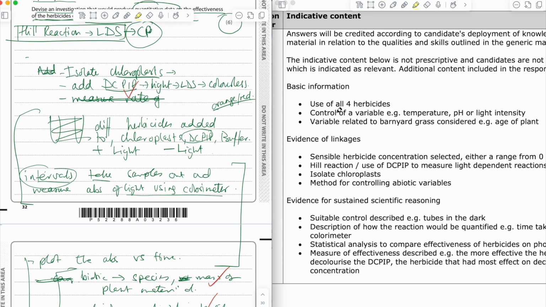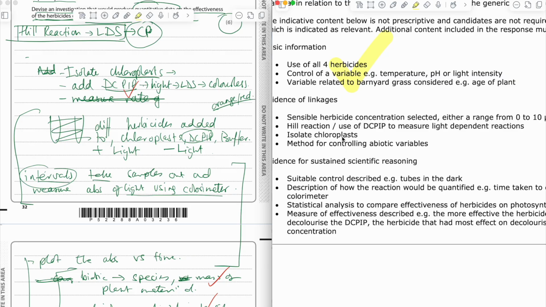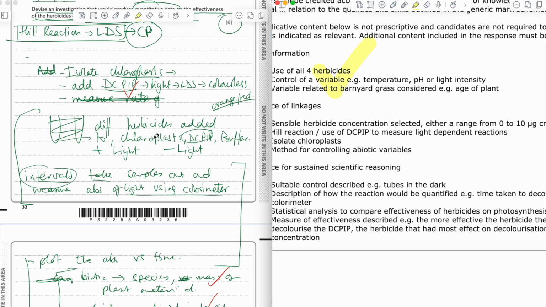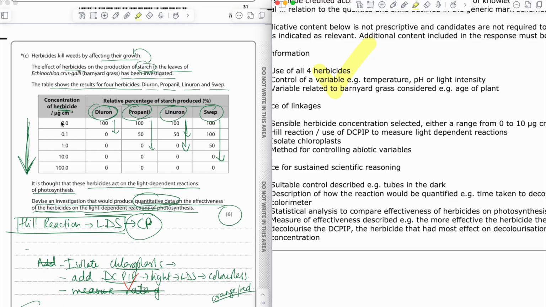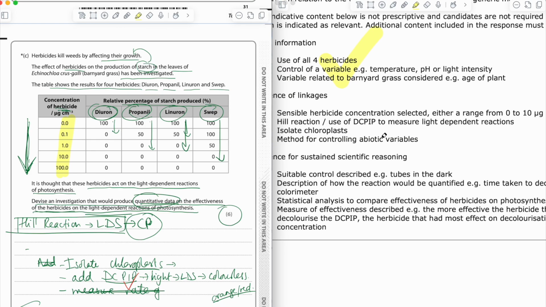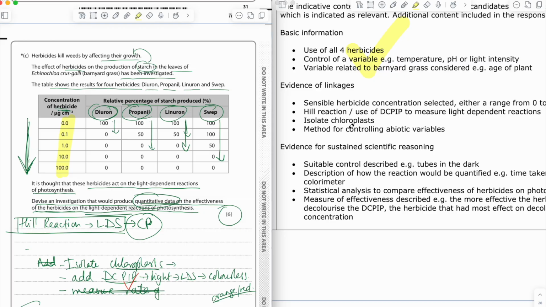I think I talked about all 4 herbicides. I did talk about controlling light intensity, so I got a couple from that part. Sensible herbicide. Now I didn't talk about herbicide concentrations, and you really should do that because they do highlight the concentrations here, so using those as part of your method is always good practice. I did talk about isolating chloroplasts and controlling abiotic variables.